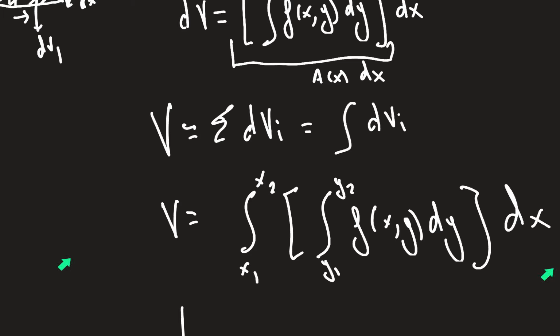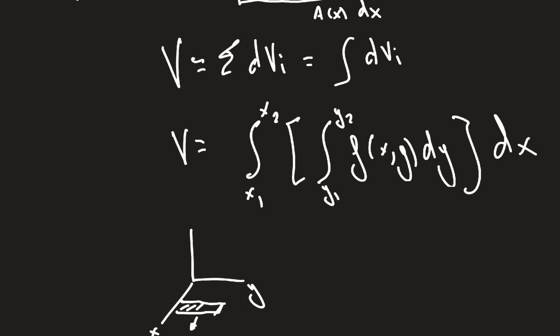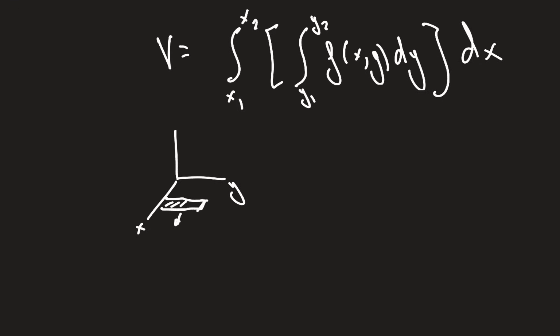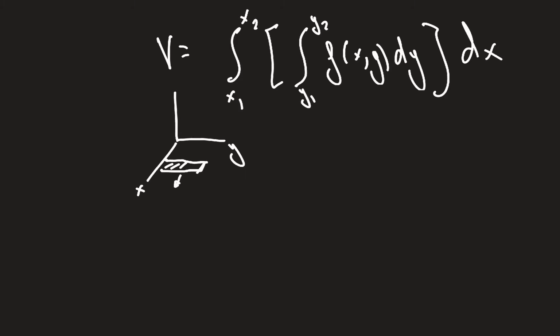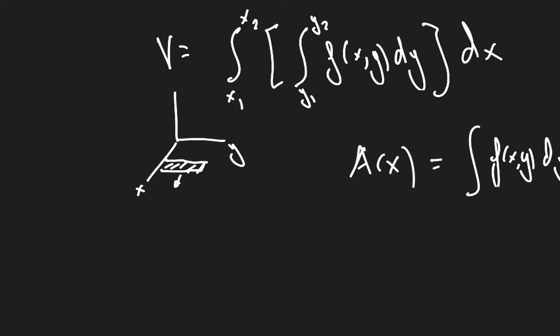As you see in the plane xy, the stripe that you see is something like this. It's moving in the x direction. So you are calculating first the area that exists at the position x, this area. And the area that exists at the position x is the integral in the y direction, the integral of f of x comma y dy.